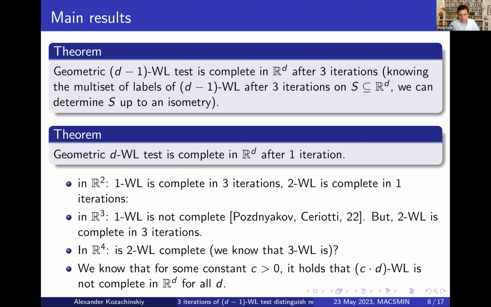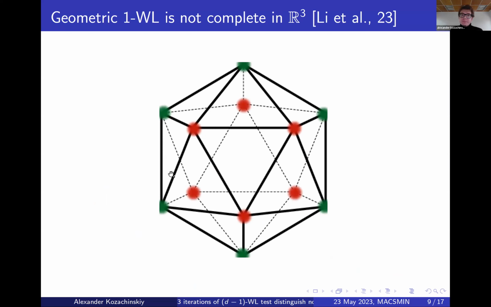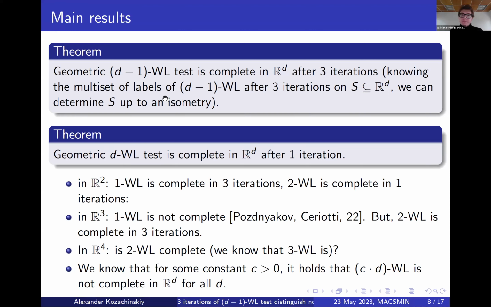So our result says that if I look at R^d and I'm asking what is the minimal k-WL which is complete, we say that the (d-1)-dimensional WL test is complete after 3 iterations, which means, more specifically, we even show the following.